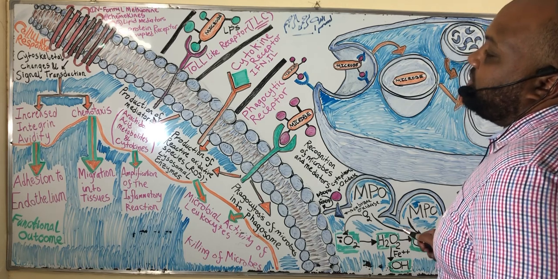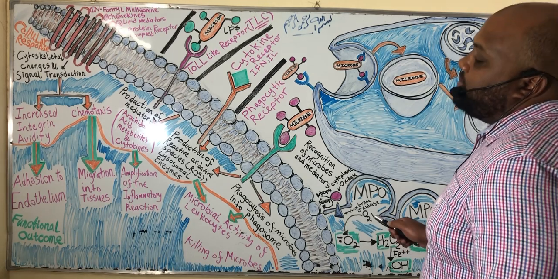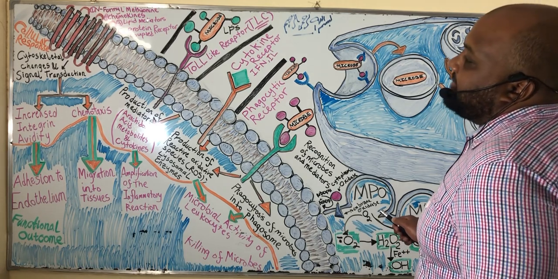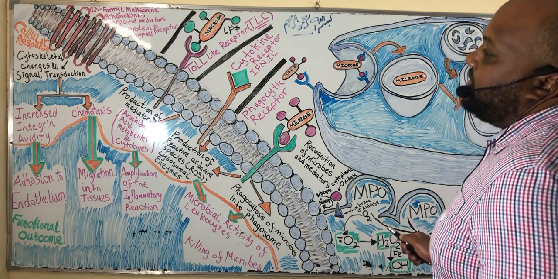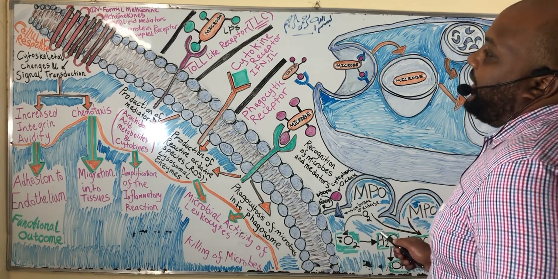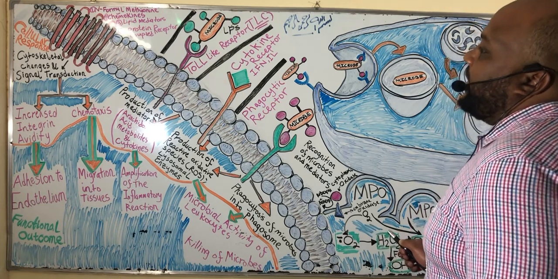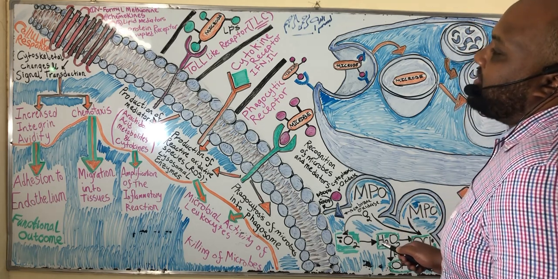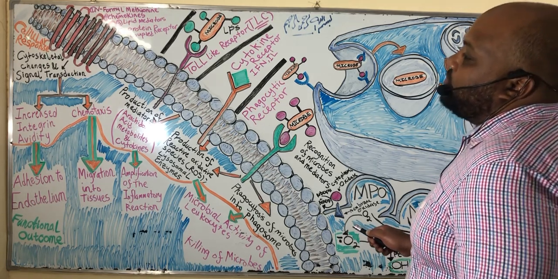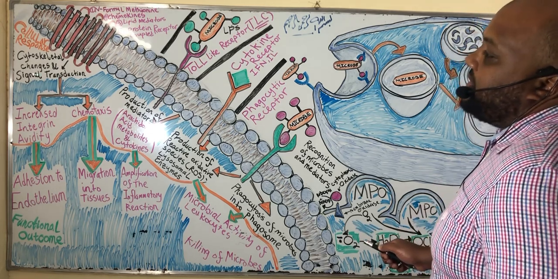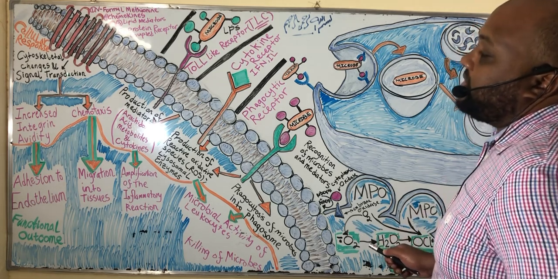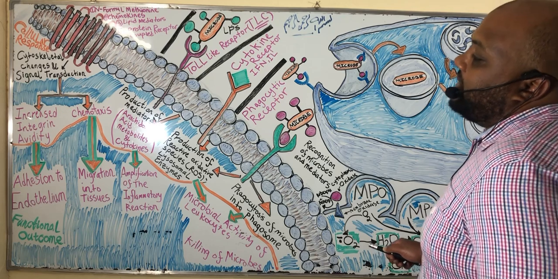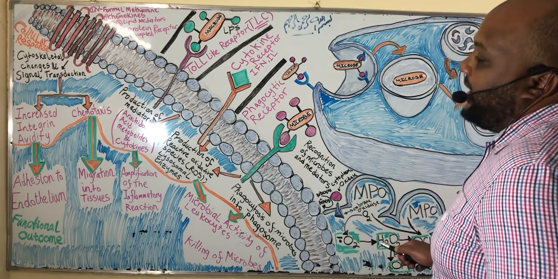Once this G protein linked receptor has detected all these pro-inflammatory signals, the N-formyl methionine, the chemokines, and the lipid mediators, what happens is, as we said, the second stage will be the cellular response, where there will be cytoskeletal rearrangement and signal transduction that culminates in increased integrin avidity and chemotaxis.